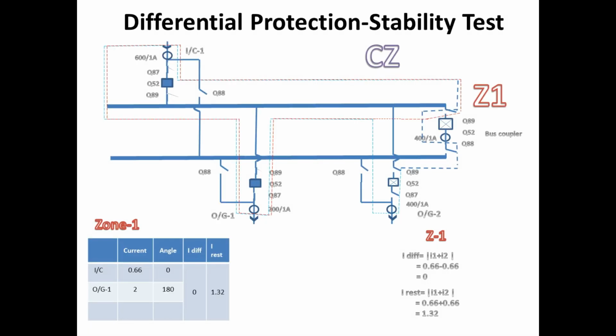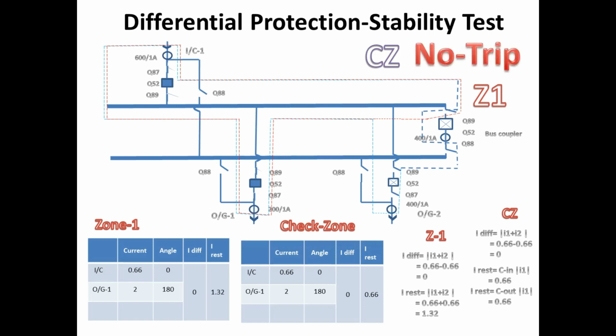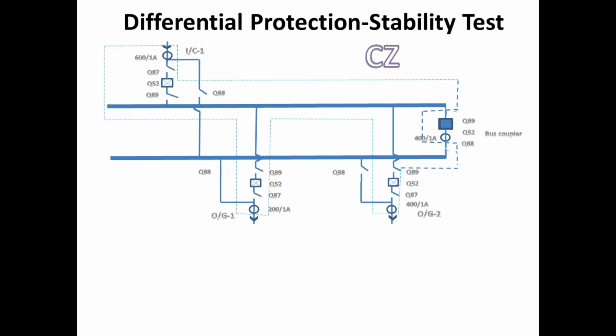According to this matching factor, I differential is 0 and I resistance is 1.32. Same way we calculate the check zone. Now the system is stable. Same way we go for the stable check for zone 2.